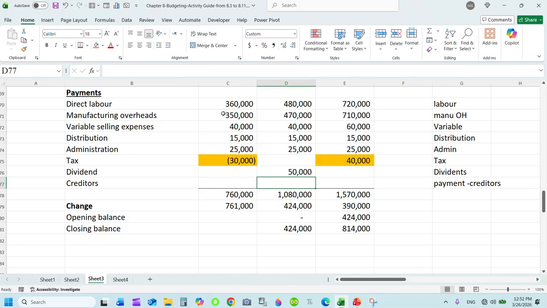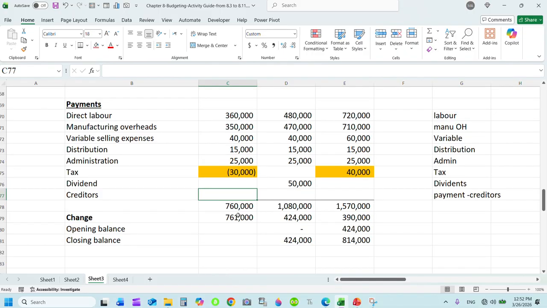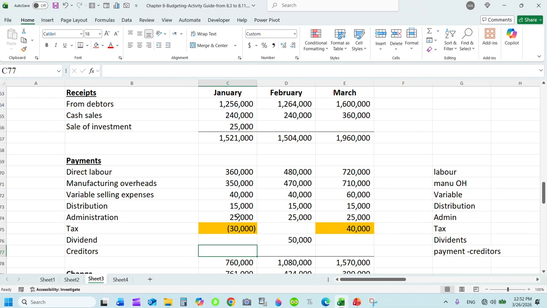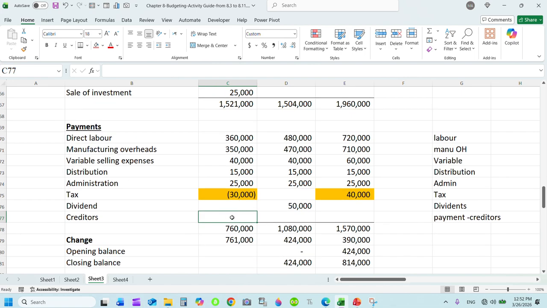Then there's another important payment, that is payment to creditors and suppliers. Payment to creditors or suppliers also we need to find carefully, the way we computed collection from our trade receivables.